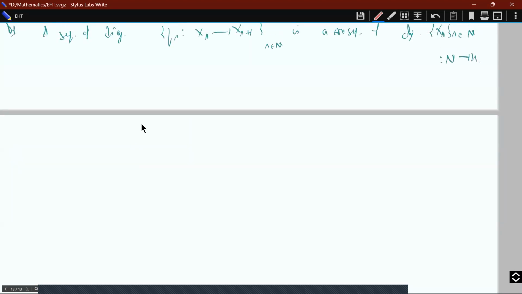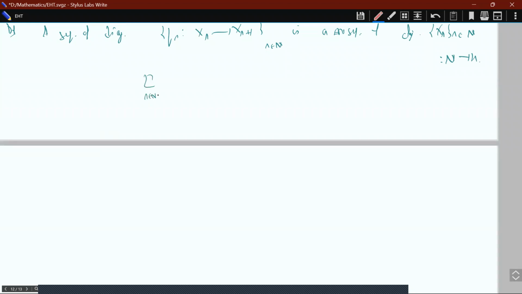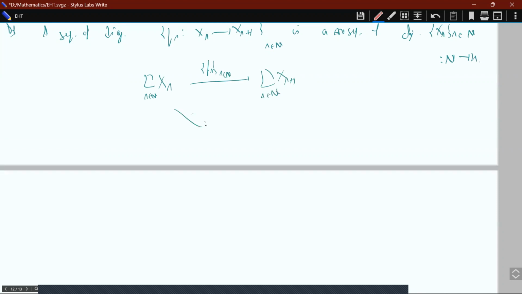A choice of maps should be clear. So you represent a sequence of diagrams as follows. You can just write it like this.